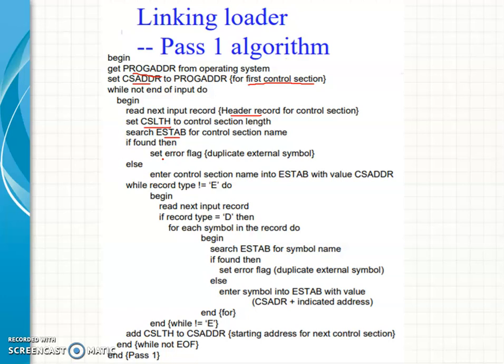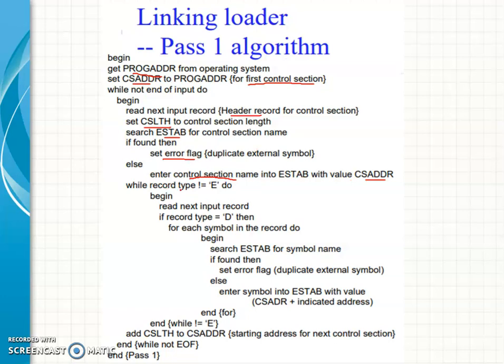If the symbol is found, then it is a duplicate external symbol. So it enters the control section name into the STAB with the CSADDR value if the symbol is not found in the external symbol table. If found, it indicates a duplicate symbol. If not found, it will enter the symbol into the symbol table with its CSADDR value.